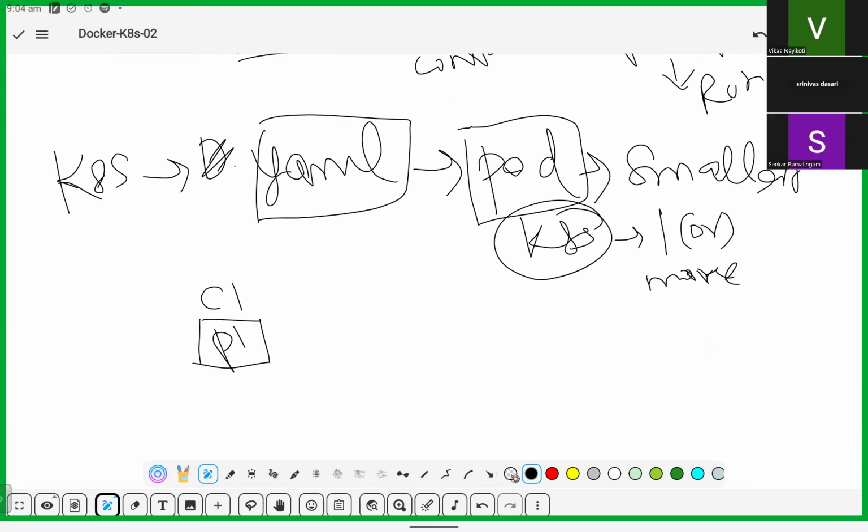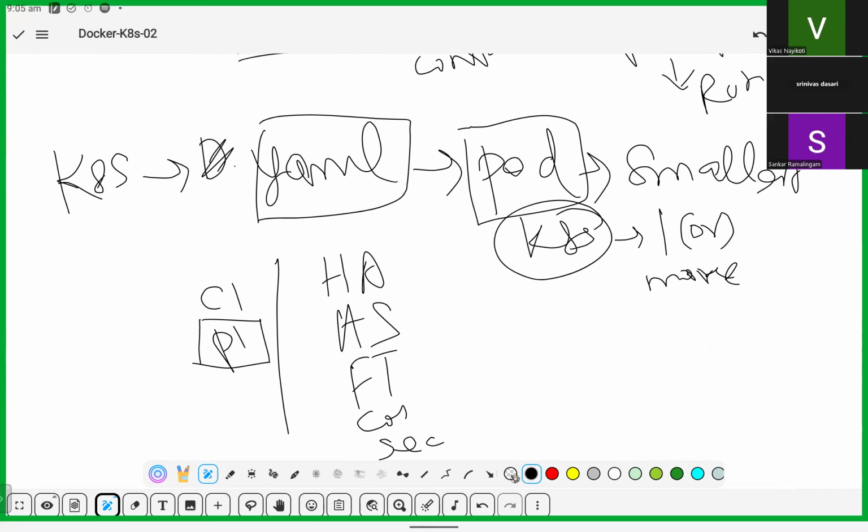What exactly is the concept behind the well-architected framework? High availability, high scalability, fault tolerance, cost, performance, and security. Ultimately, all these features are provided by Kubernetes.